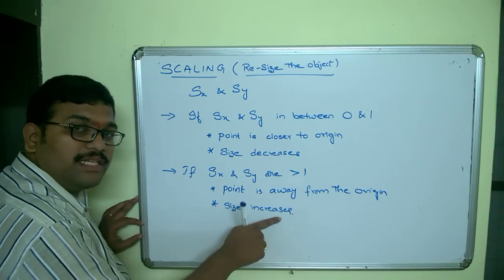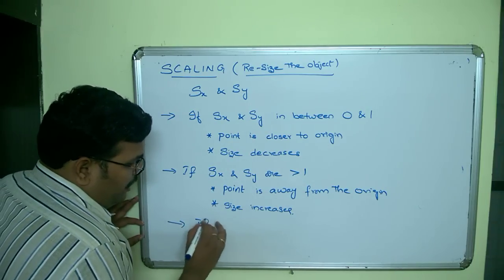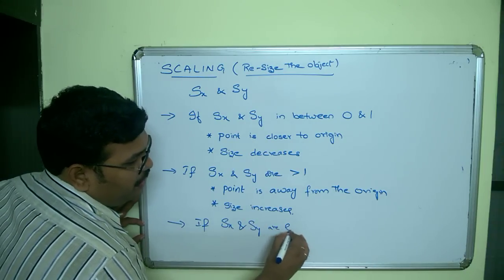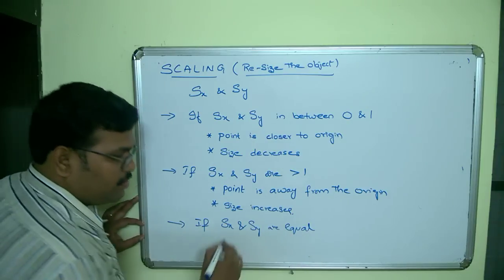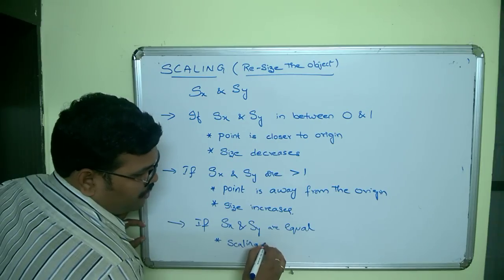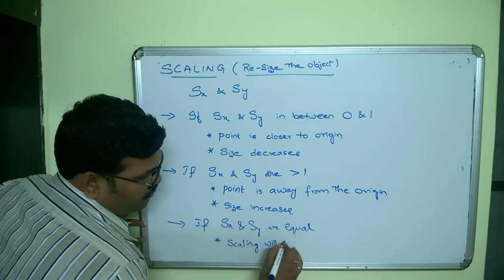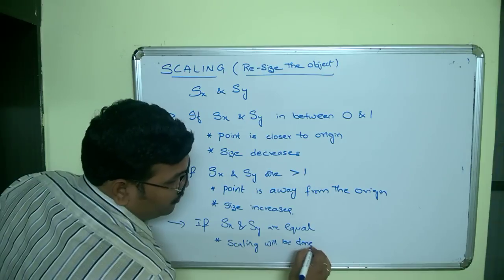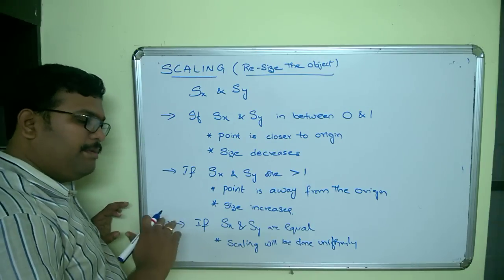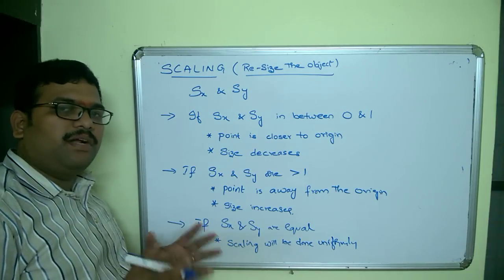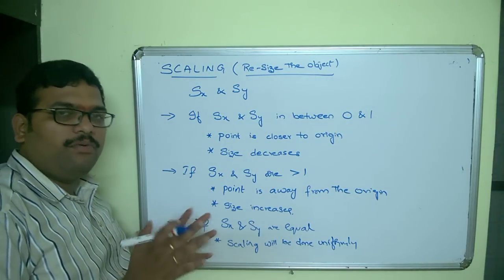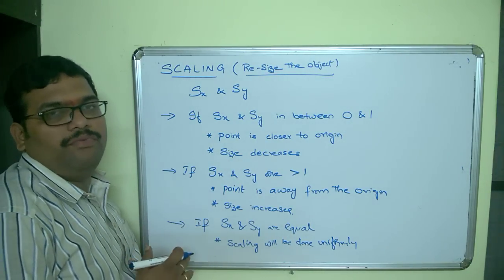That means the size always increases. And if Sx and Sy are equal, the scaling will be done uniformly. That means either the size may increase or decrease, but it will be done uniformly. Both the x and y axes will be scaled uniformly.